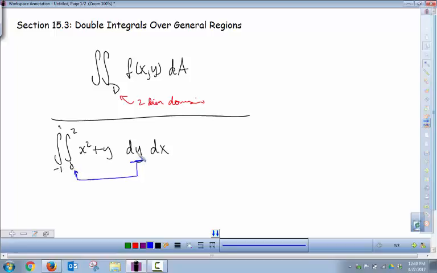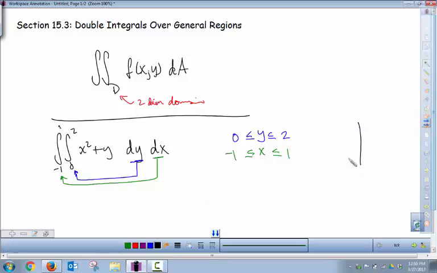So if we take a look at this, y is going to go from limits 0 to 2, and then x is going to go from negative 1 to 1.